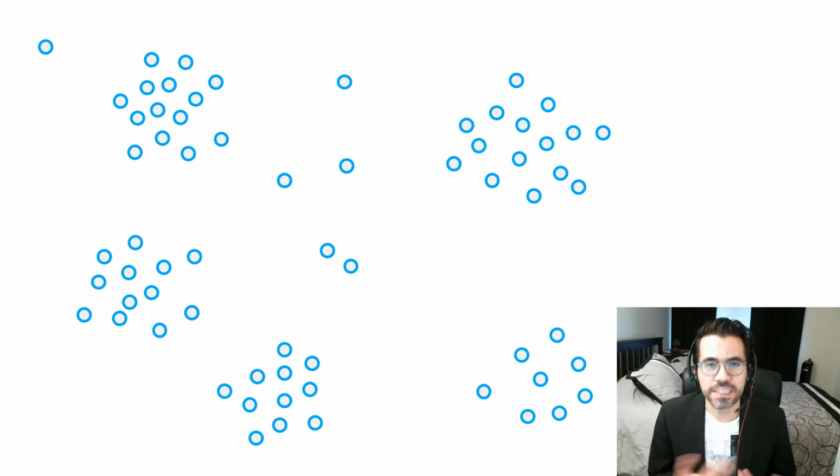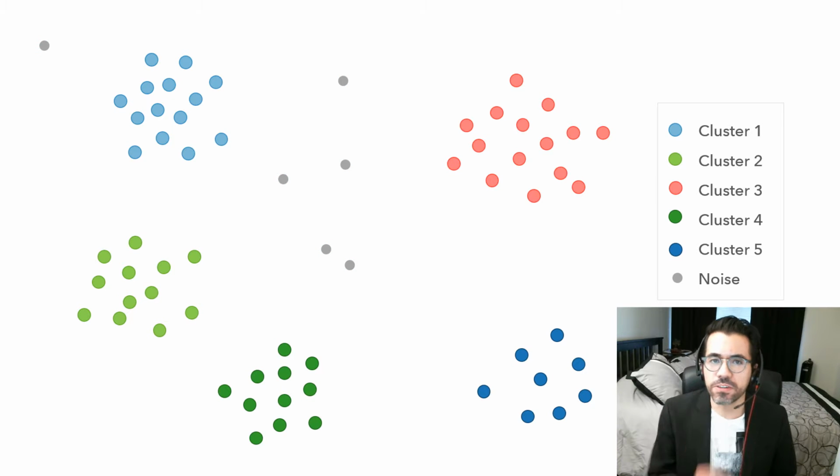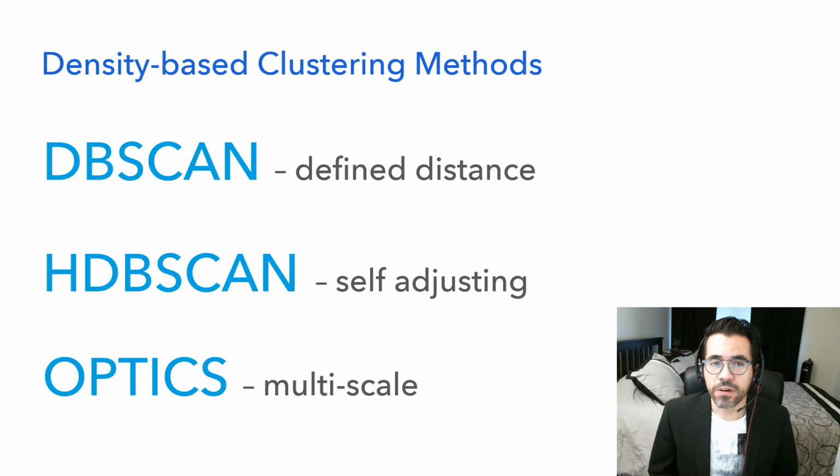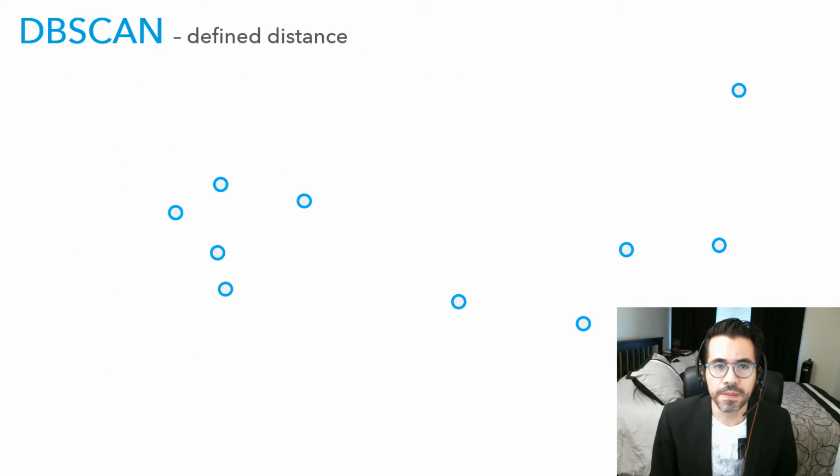For example, you might have a data set like this that is scattered across space, and the tool's goal is to identify whether each feature in this data set belongs to a cluster or is part of random noise. Now, there are three different methods to do this, and the key difference between the three methods is the criteria for being a cluster. So let's take a look at how each of these work a little bit closer to see what I mean by that.